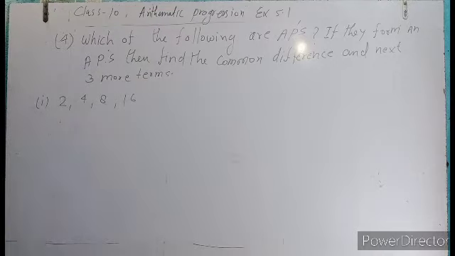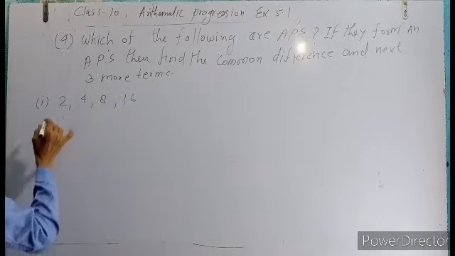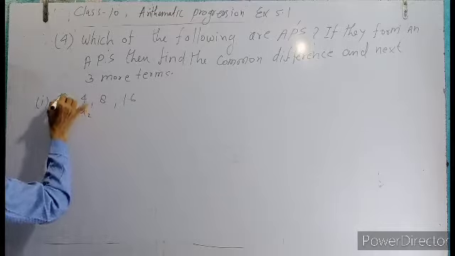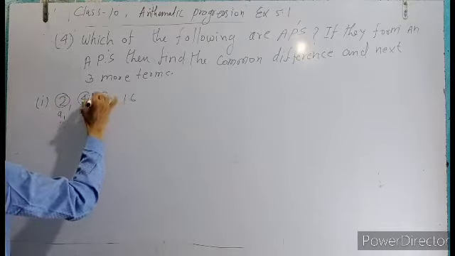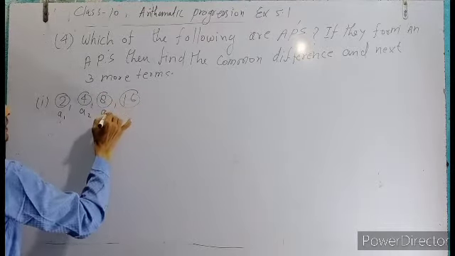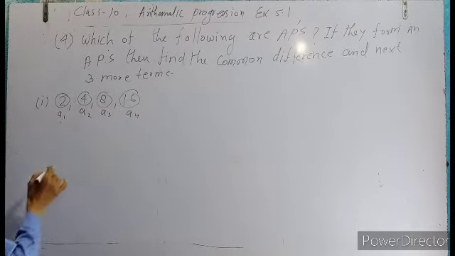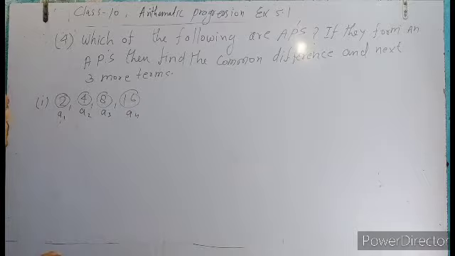How can we identify the AP? First we take that is the a1, that is a2, a3 and a4.